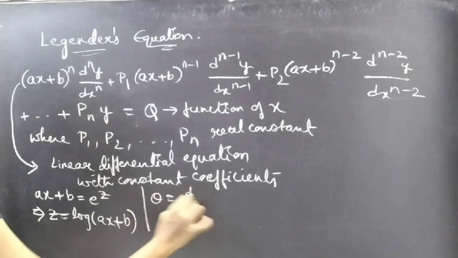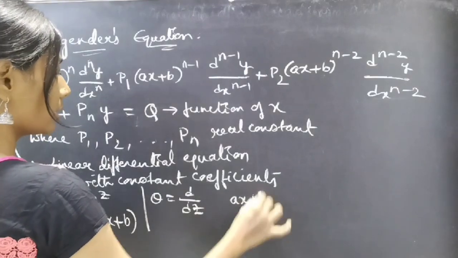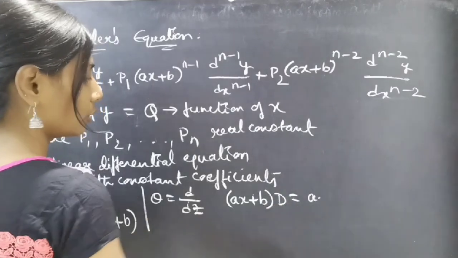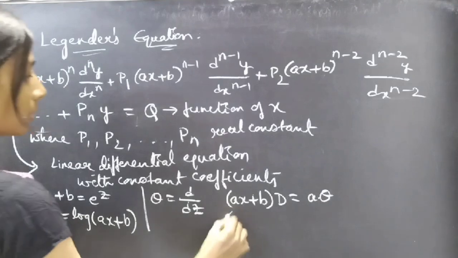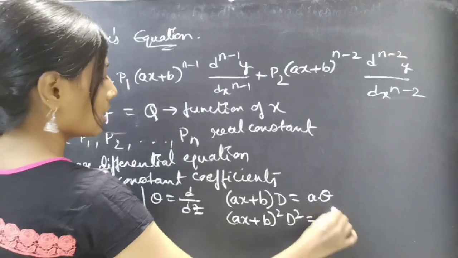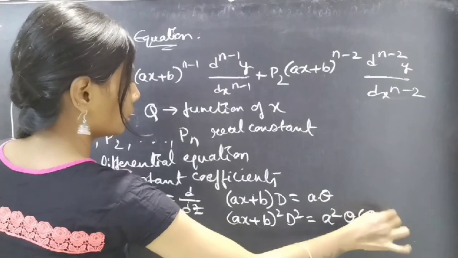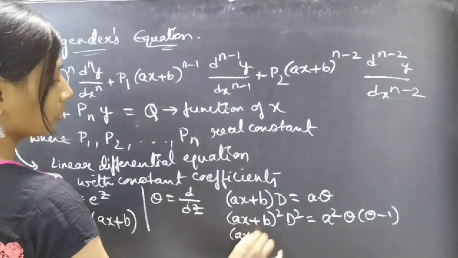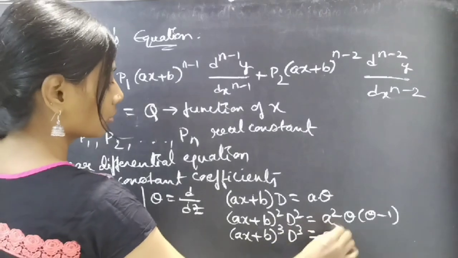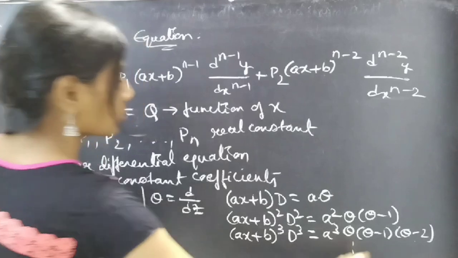and theta equal to d by dz. Then (ax+b) into d will be a into theta. (ax+b) whole square into d square can be replaced by a square into theta (theta minus 1), and for cube, that is (ax+b) whole cube into d cube, can be replaced with a cube into theta (theta minus 1)(theta minus 2), and so on.